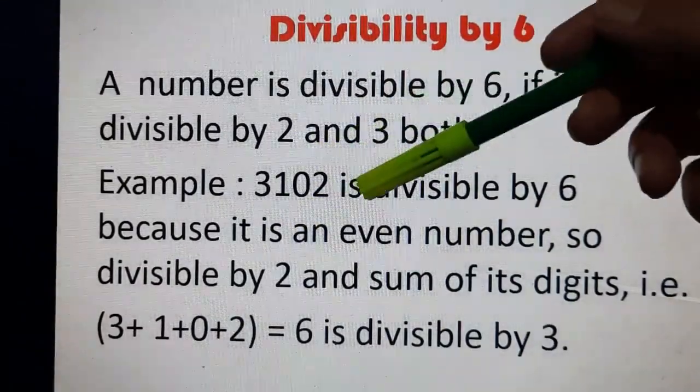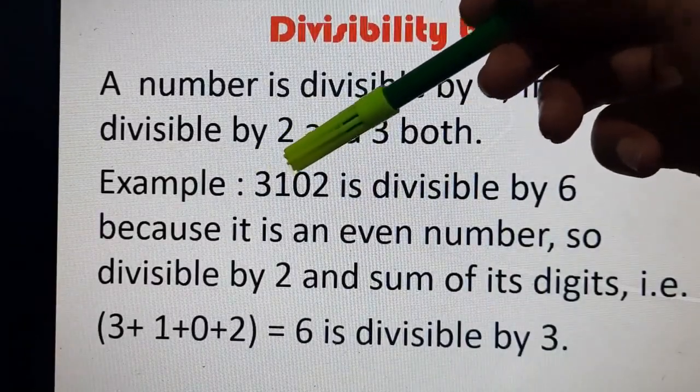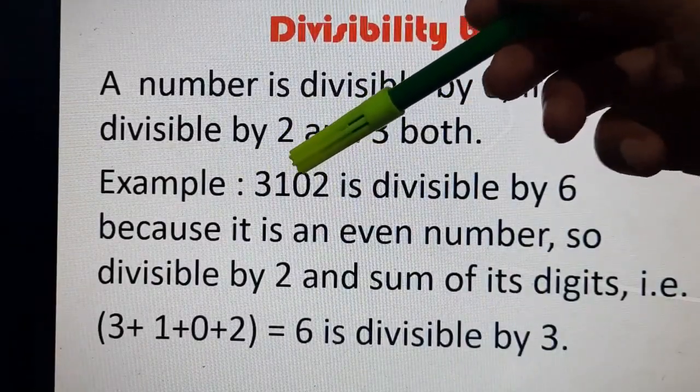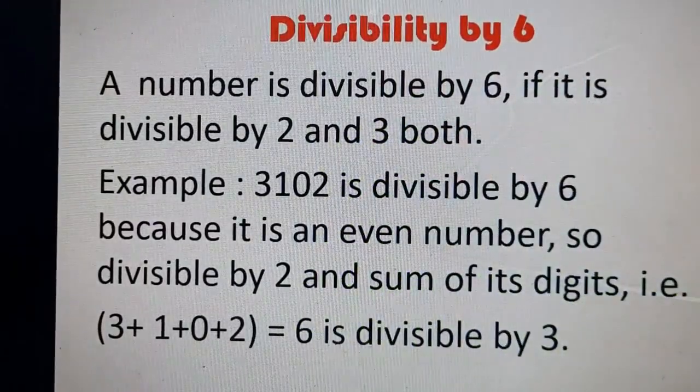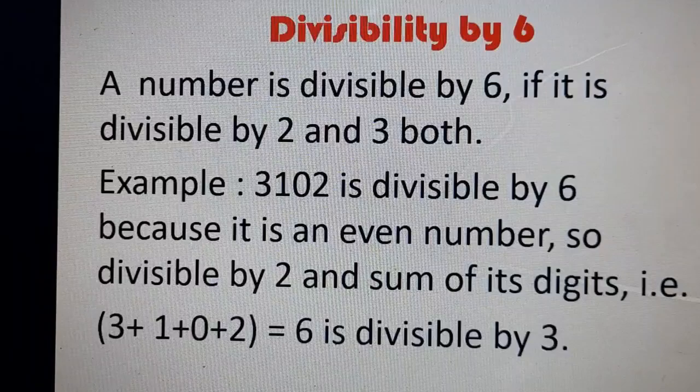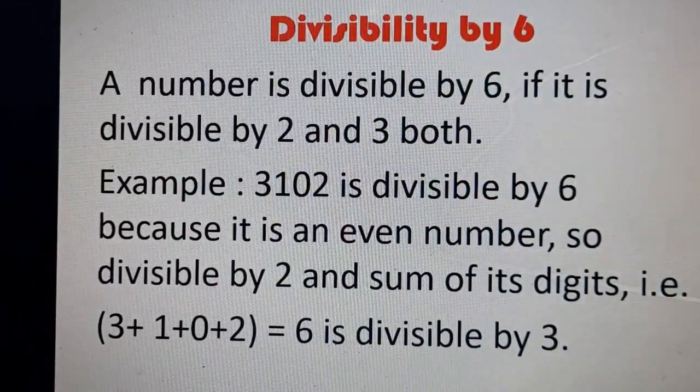And the sum of its digits, that is 3 plus 1, 4, 4 plus 0, 4, 4 plus 2, 6. And 6 is divisible by 3. That's why 3102 is divisible by 6.